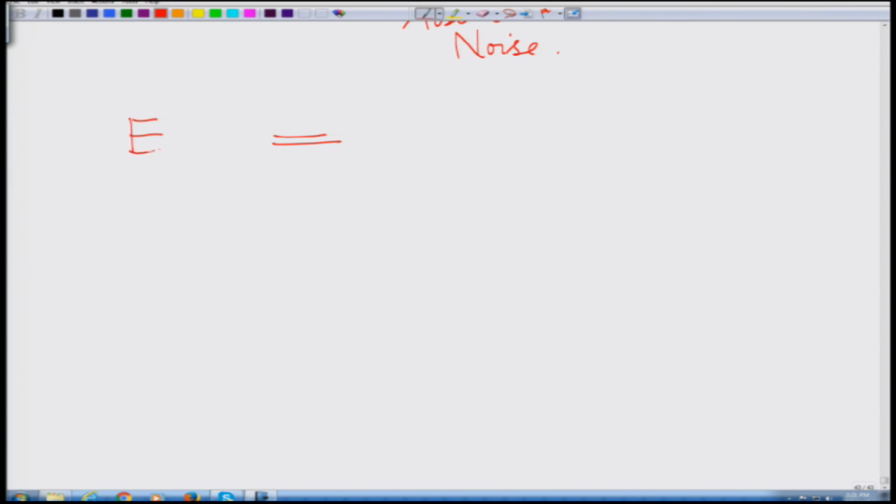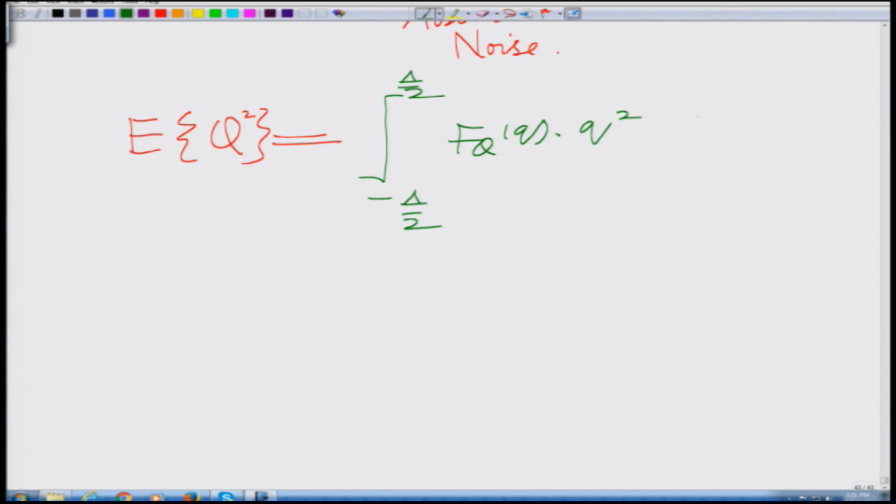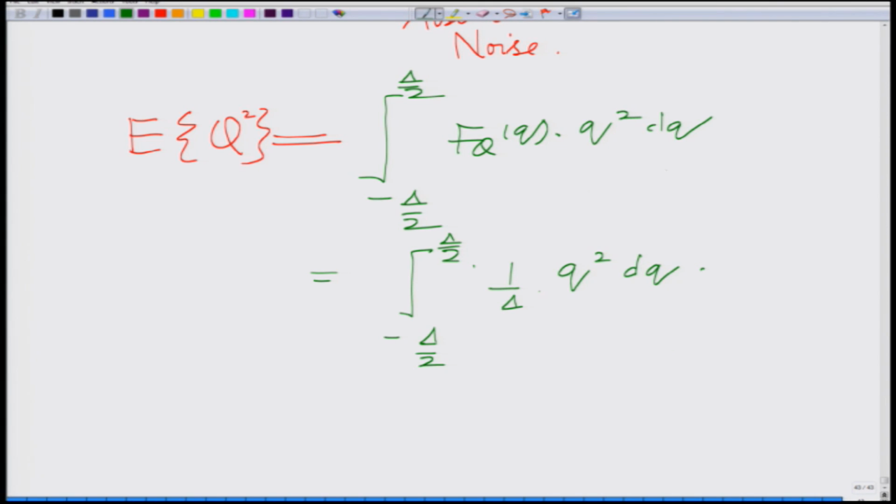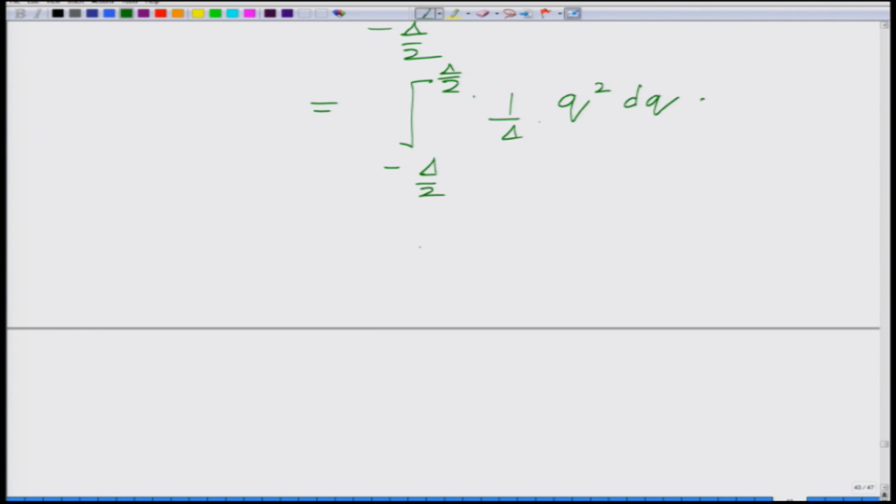Now, what is the variance of this quantization noise? That is basically your expected q square, which is the integral from minus delta by 2 to delta by 2 of q square times f of q dq, which is equal to the integral from minus delta by 2 to delta by 2 of 1 over delta times q square dq, which is equal to 1 over delta times the integral of q square dq, that is q cube divided by 3 evaluated from minus delta by 2 to delta by 2.